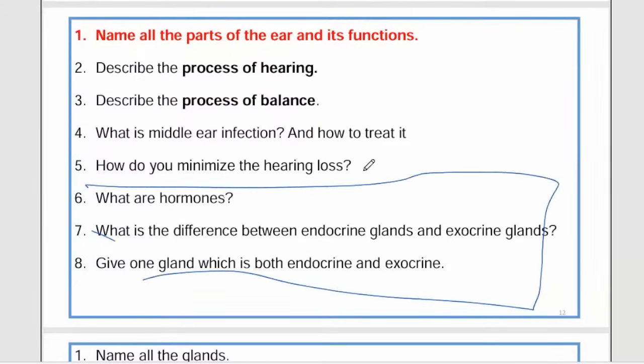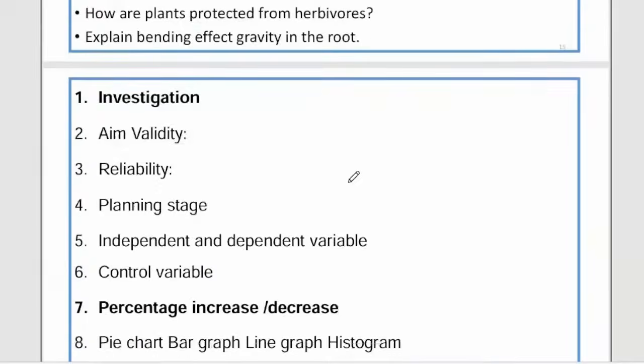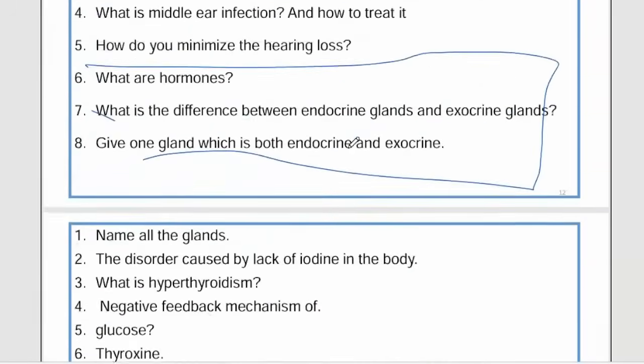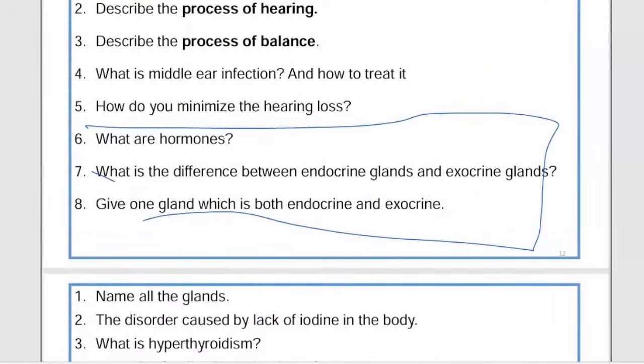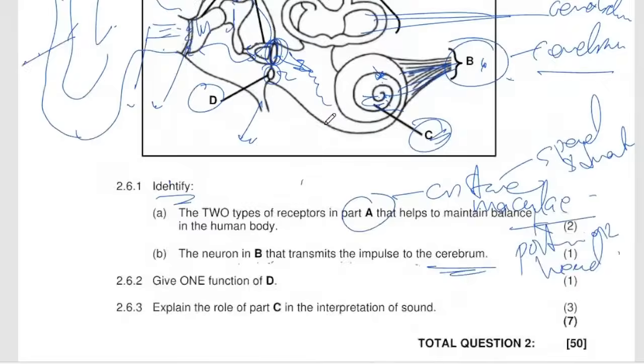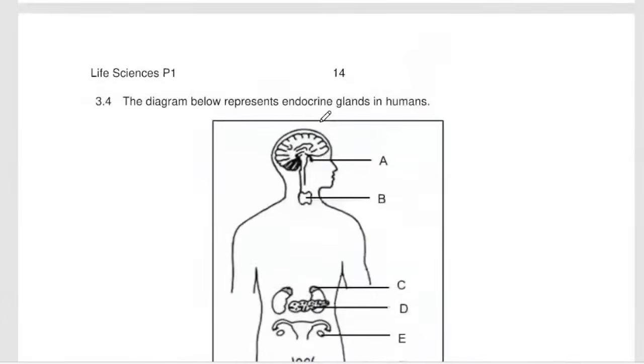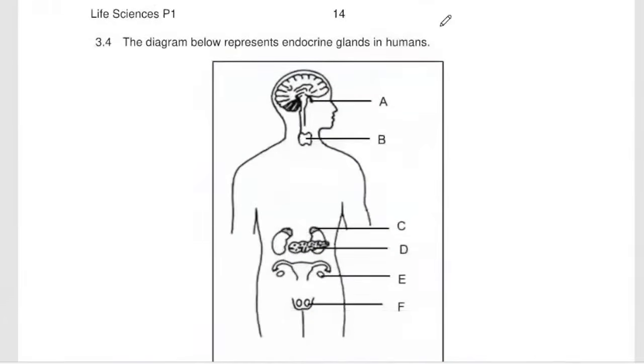Before we go to the hormones, let's just finish up our paper, and then we shall go back to the hormones as a catch up. Please make sure that you do this paper so that you are able to benefit from it.